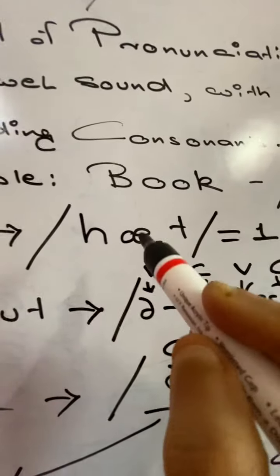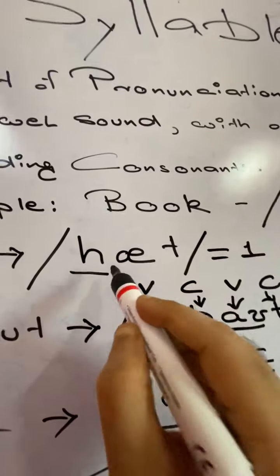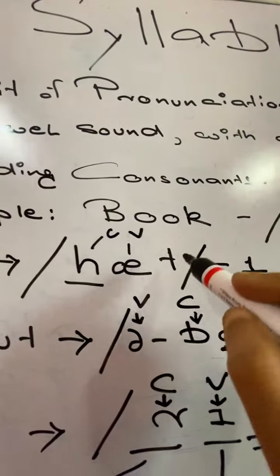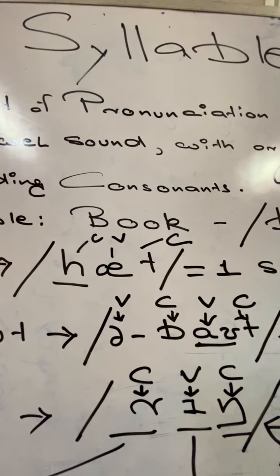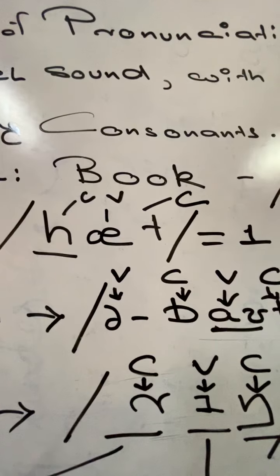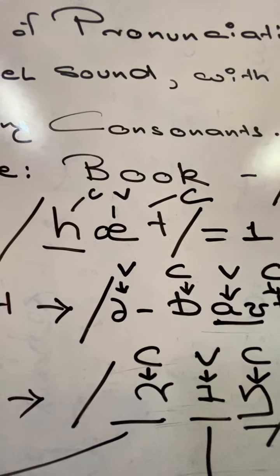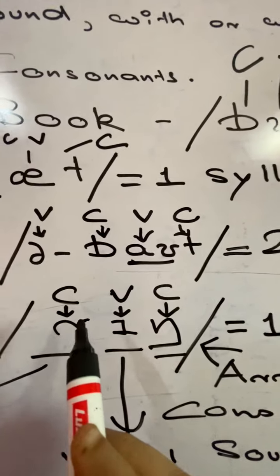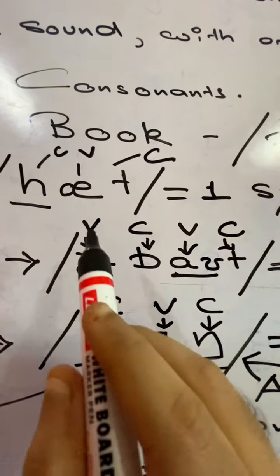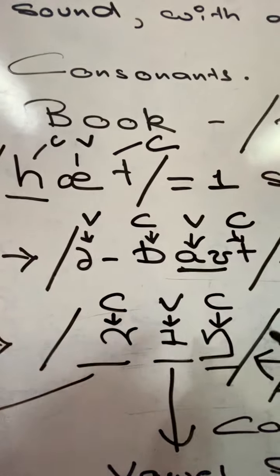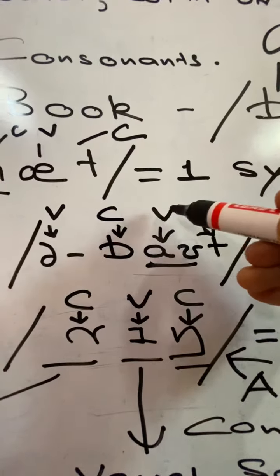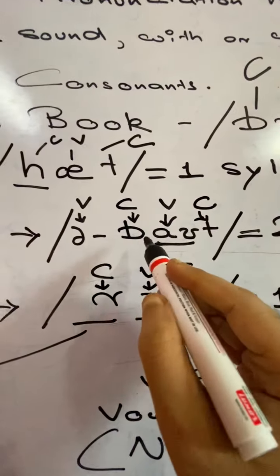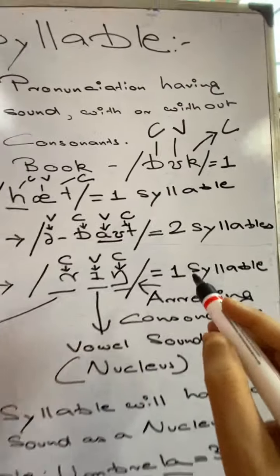Similarly, consider the word hat. H is a consonant, A is a vowel, T is a consonant. So what is the structure? C, V, C, where C stands for consonant and V stands for vowel. Similarly, in about, A is a vowel sound, B is a consonant, the next is a vowel sound, and T is a consonant. So what is the structure here? You have two syllables in about.